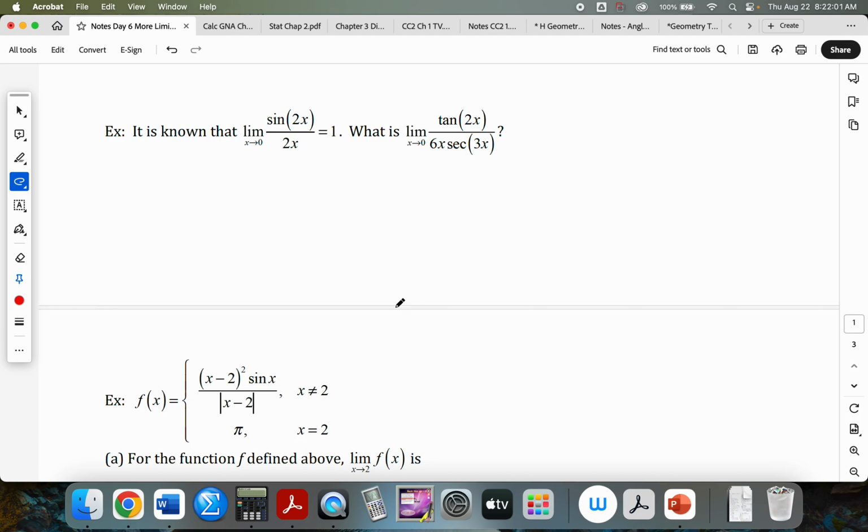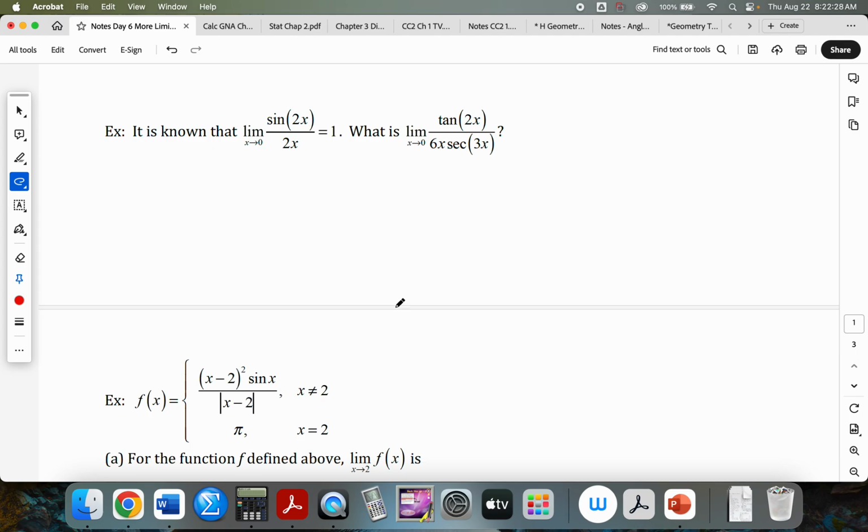I don't know why you wouldn't, but they're like, okay, we'll hedge our bets. So it's known that the limit as x approaches 0 of sine of 2x over 2x is equal to 1. So then what is the limit as x approaches 0 of tangent of 2x over 6x secant of 3x? And you're like, what the heck, man? There's all kinds of weird stuff in that.